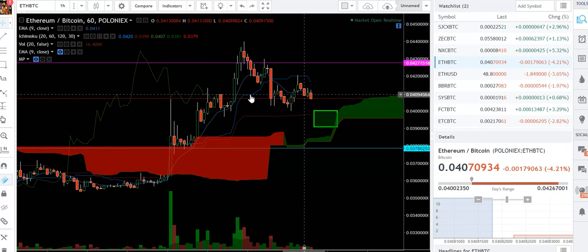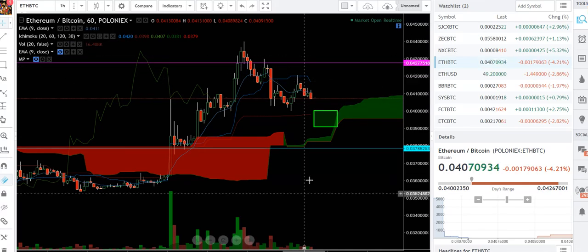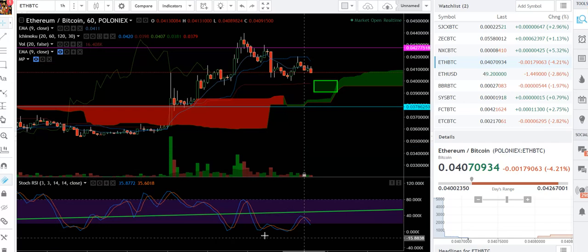But the way that I trade is I don't like to use indicators to signal me for a trade. If I do that, I'm relying on what the Ichimoku cloud is telling me to take a trade one way or another. That would be the same as saying, okay, stochastic RSI crossed down at the bottom here, let me buy. Oh, it crossed at the top here, let me sell.